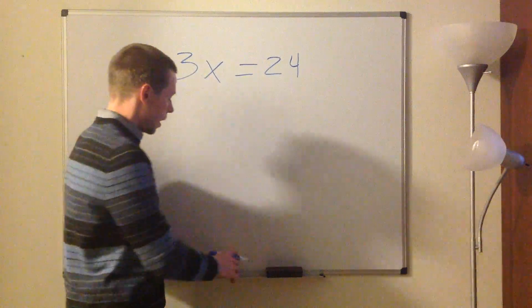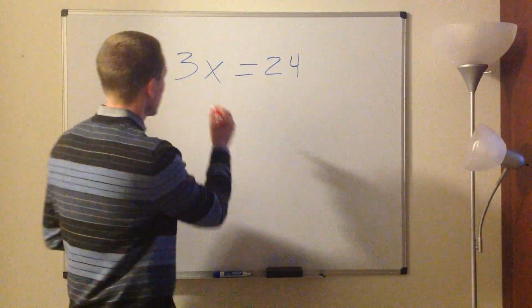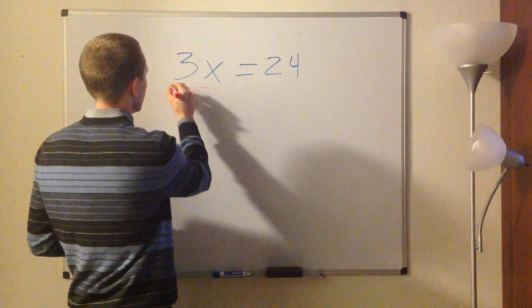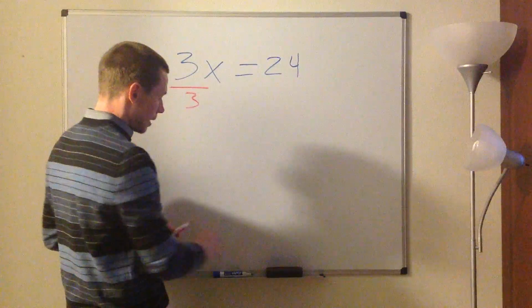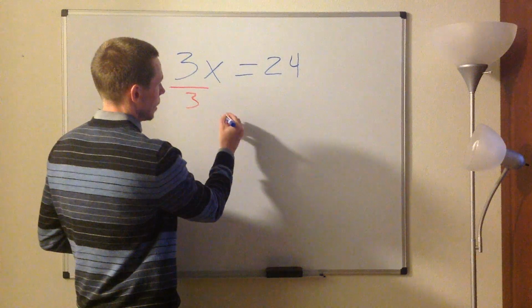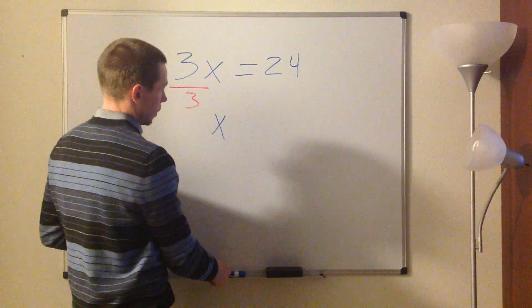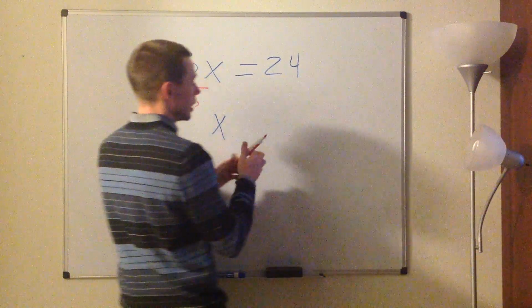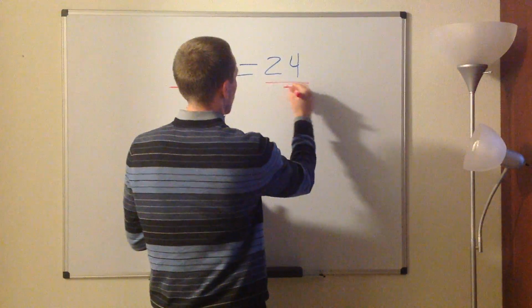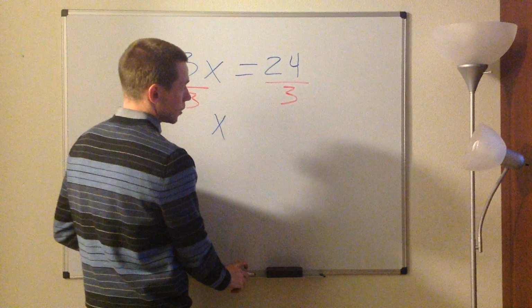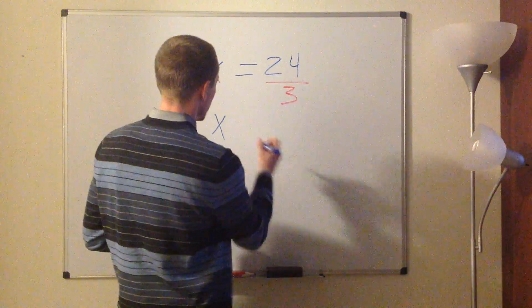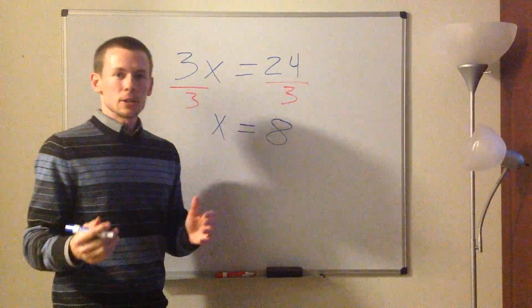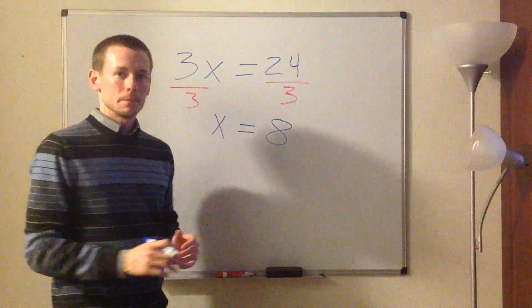Well, here, if I want to undo multiplication, I need to divide. So 3 divided by 3 will just give me 1x. But in order to remain in balance, I have to do the same thing to the other side. So I have to divide by 3 over there as well. And that gets me x equals 8. Okay?